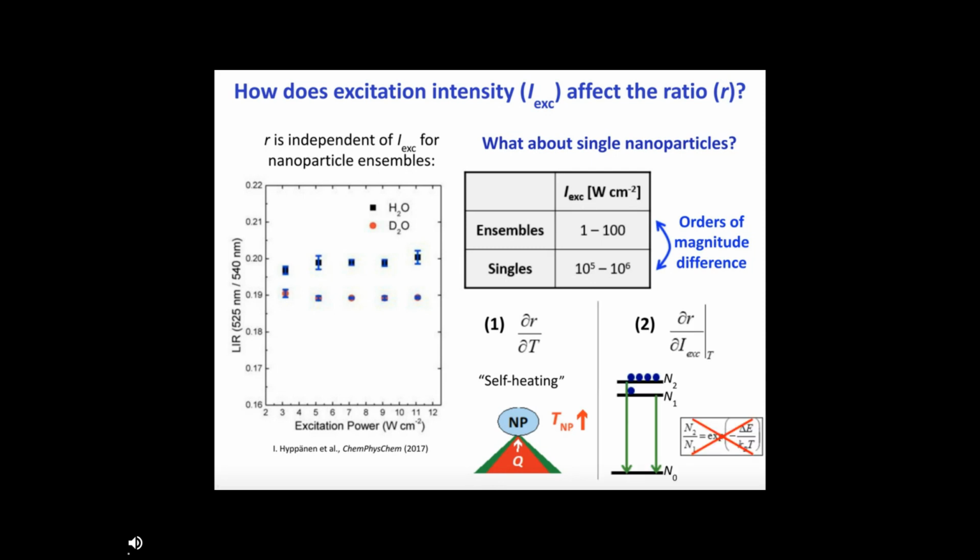The second possibility is that the high excitation intensity could distort the Boltzmann population distribution that our ratiometric thermometry technique relies on, even though the nanoparticle temperature hasn't changed. And so the second case seemed unlikely based on the precedent in the literature. And so we began by looking into this first case to see if the high laser excitation intensities could be heating the nanoparticle.